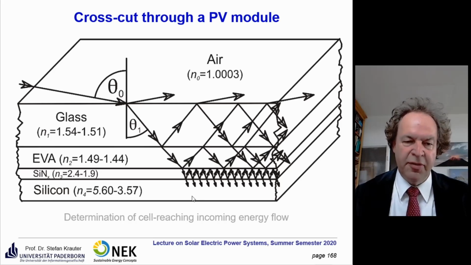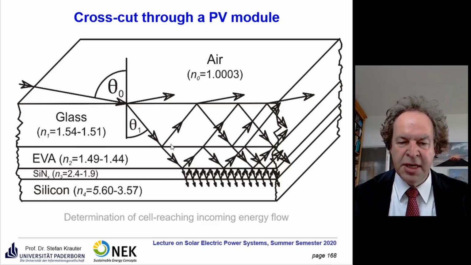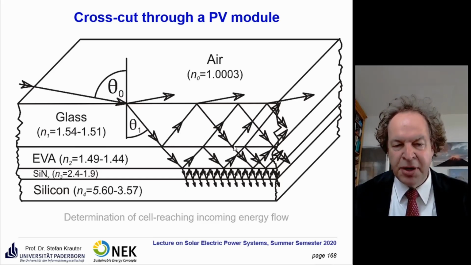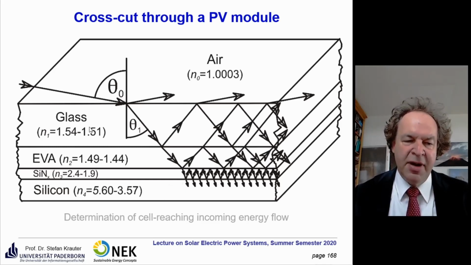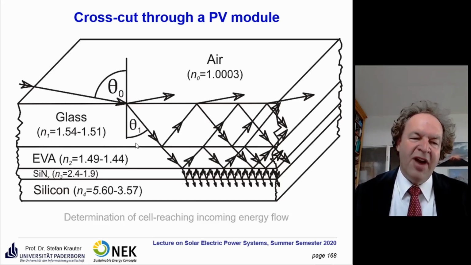Here you see the cross-cut of a PV module. This is what I mentioned here. There's the different reflection on the top surface, but also on the interfacing surfaces within the module, and so this part is not completely lost. Some part may be re-reflected and could still enter the silicon. This depends very much on the refractive index of the materials used.